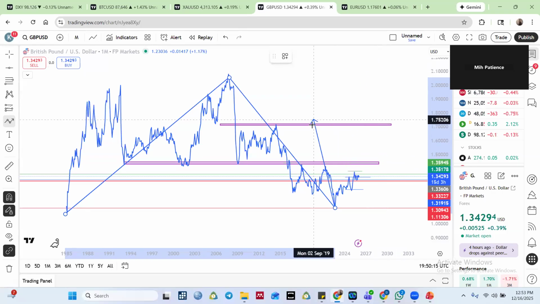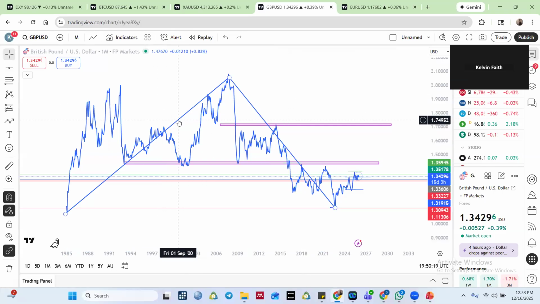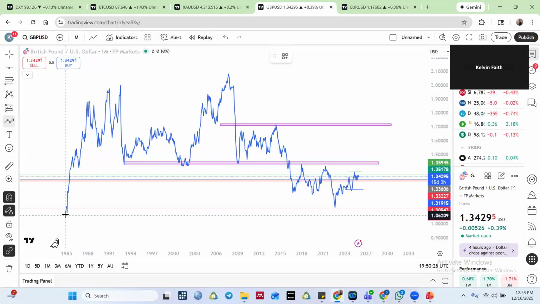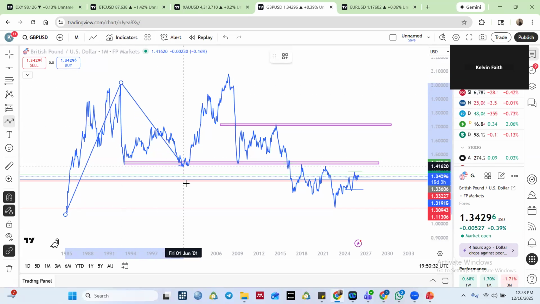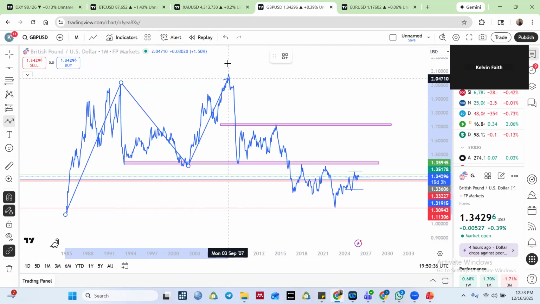Or we have a high. This is the second option, or the second option is going to be from down here. We have a higher high, we have a lower high, we have a higher high.